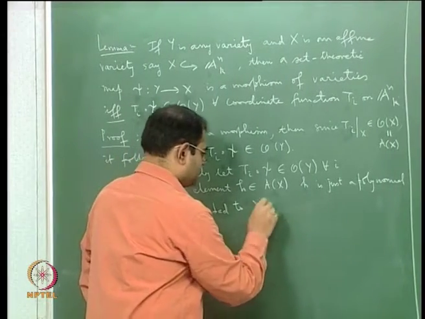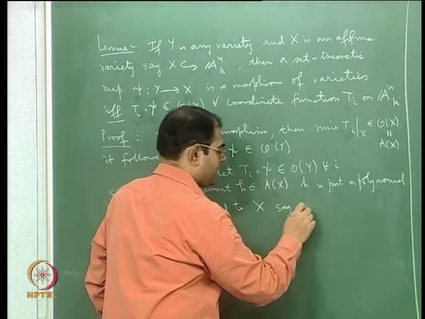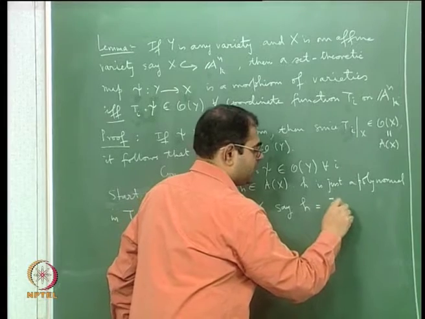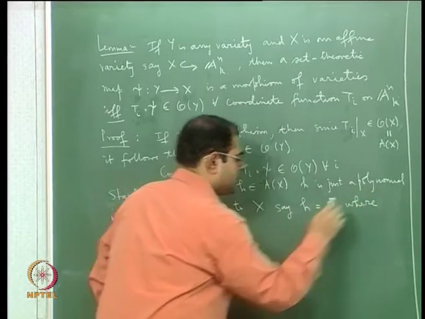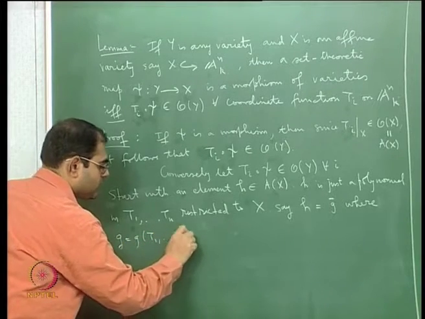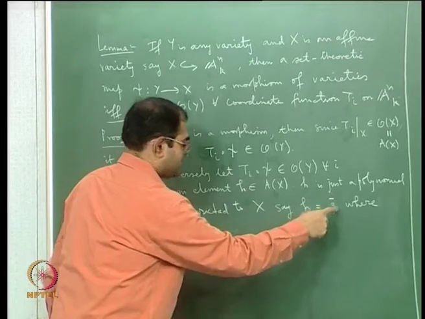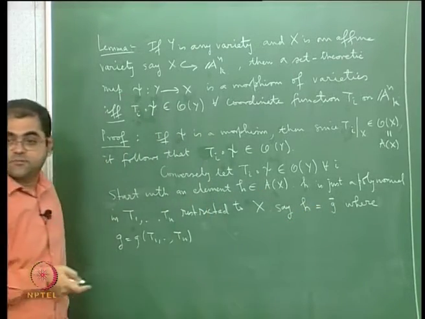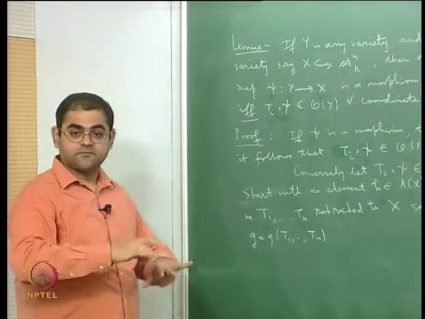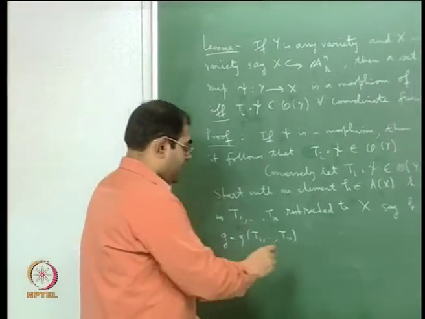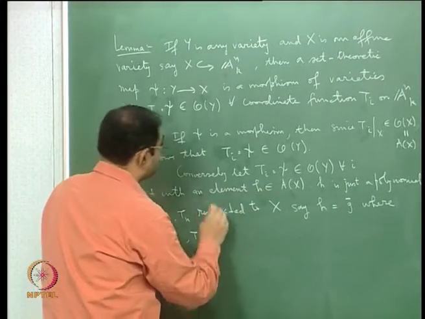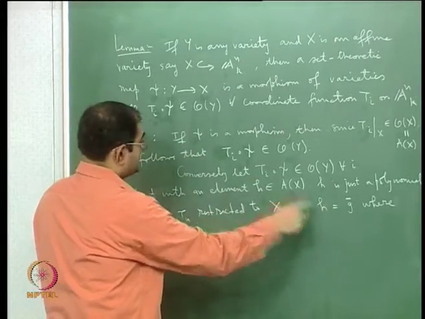Say H is, if you want, let me call this G bar, where G is G(T1, ..., Tn). G bar is the image of G in A(X), which is a quotient of the polynomial ring in these n variables, which is the ring of all polynomial functions on A^n. Now I want to calculate what the pullback of H under psi is.